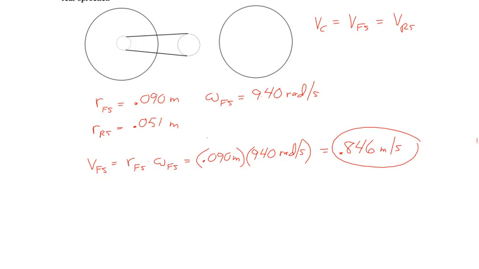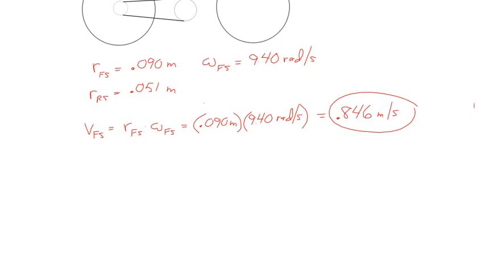So the angular velocity of the rear sprocket is going to equal the velocity of the rear sprocket divided by the radius of the rear sprocket. The velocity of the rear sprocket is the same as the velocity of the front sprocket, so that's 0.846 meters per second. And I'm going to divide that by the radius of the rear sprocket, which is 0.051 meters.